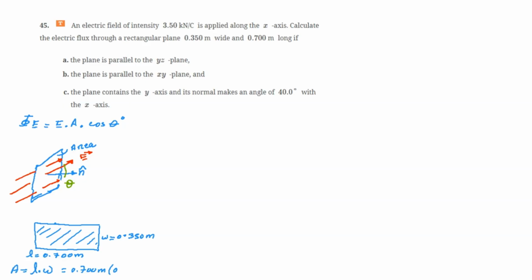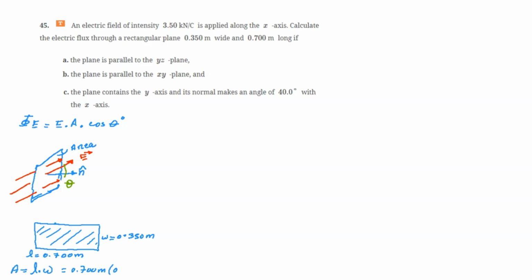Now, if my lines and my plane are parallel, there is no way that the lines will be crossing through the plane. This is the plane, right? The first case is this. This is my plane, this is my field lines.